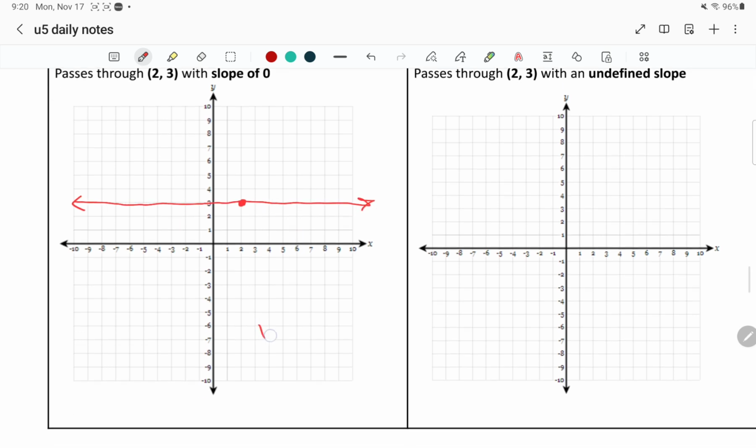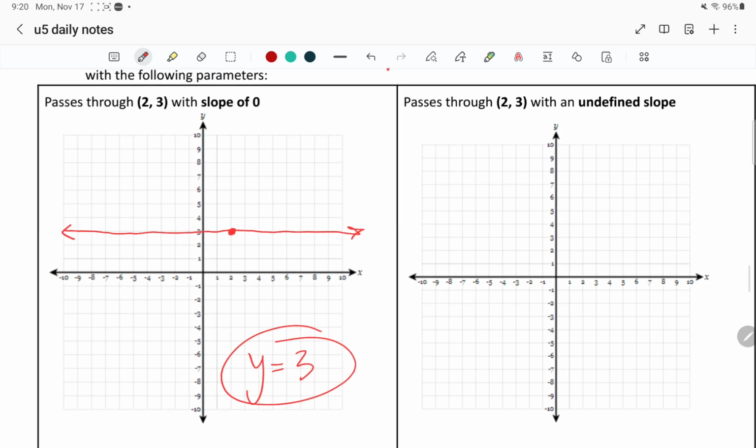And then I can say, well, that's the line y equals 3. Same thing, 2, 3. That's a running theme for this lesson, I guess. Undefined slope, so that is straight up and down, a vertical line. And that is x equals my x value, which is 2.